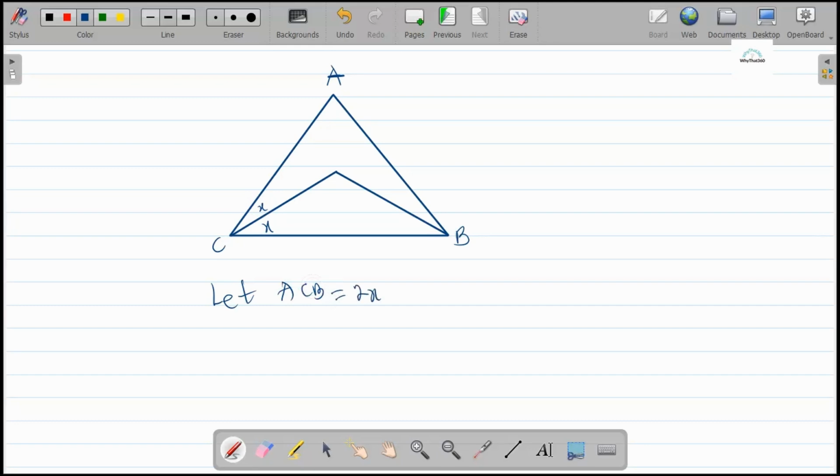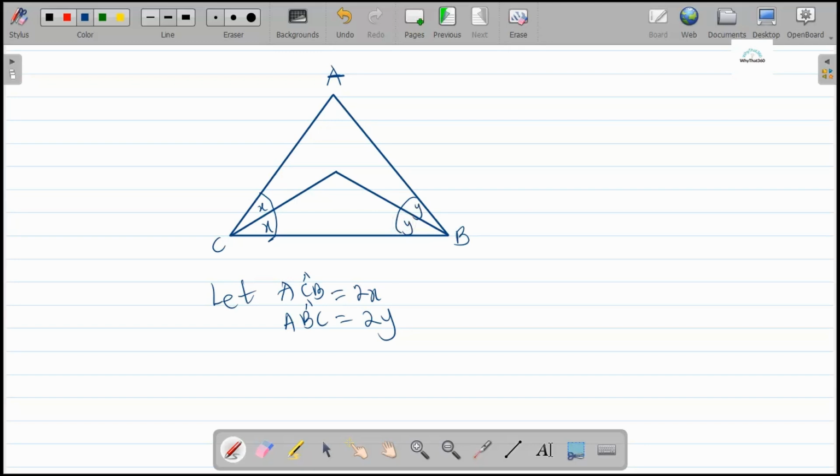In the same way we will let angle ABC also be equal to 2y. And if this whole angle is 2x and it's bisected, then each of them is going to be x. In the same way over here, each of these angles is going to be y.